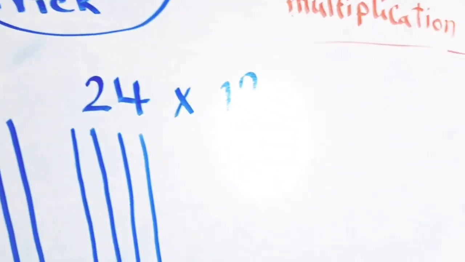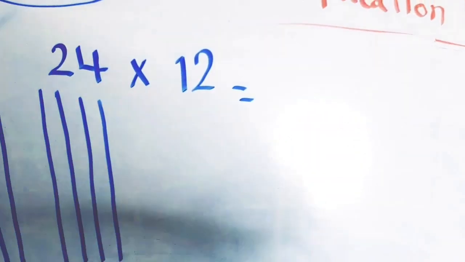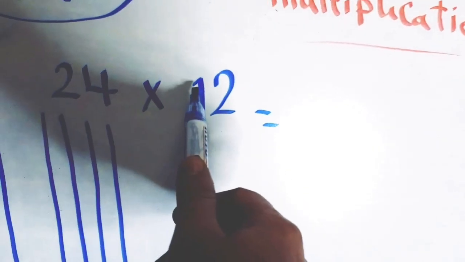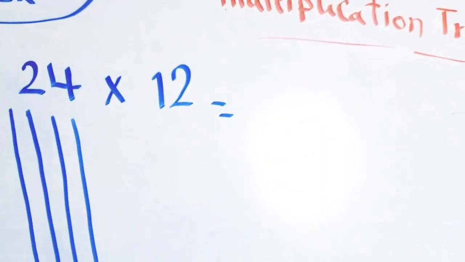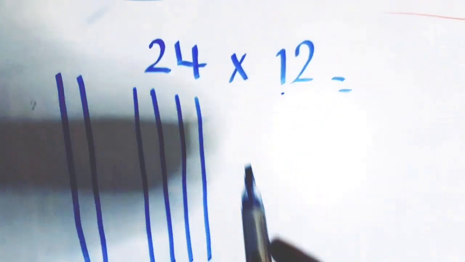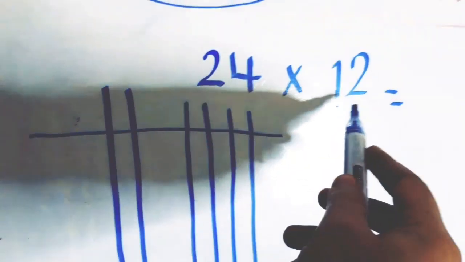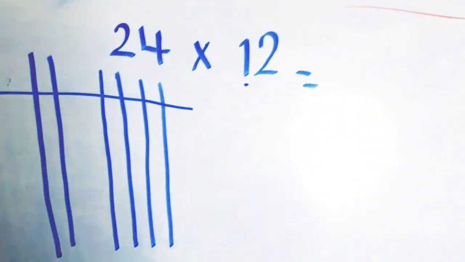We go to the second number. Second number is 12. We look at it digit by digit from the left side to the right side. We begin with 1. We draw 1 horizontal line of 1.